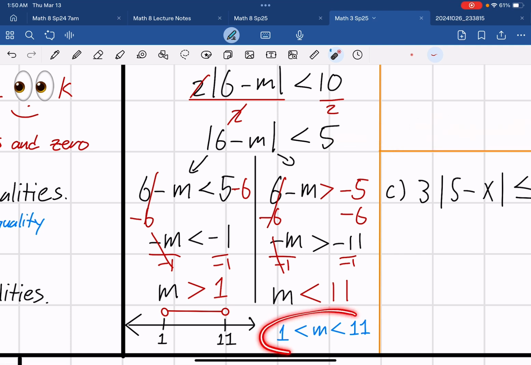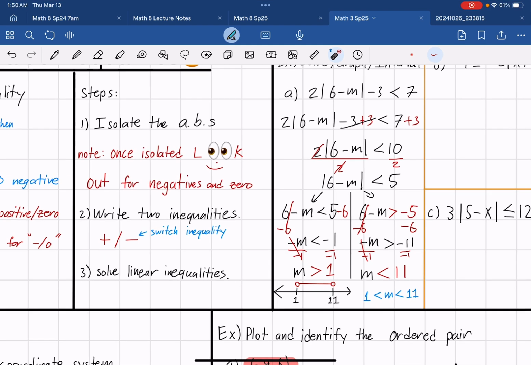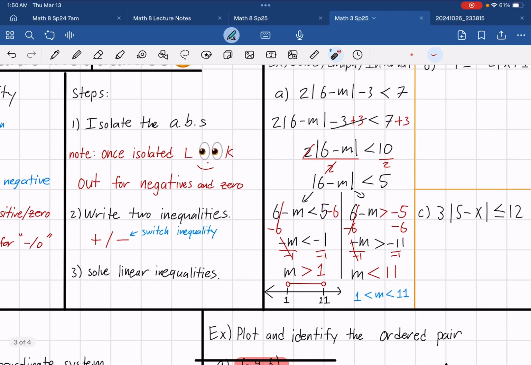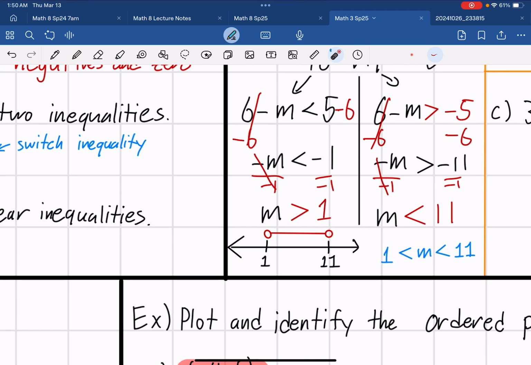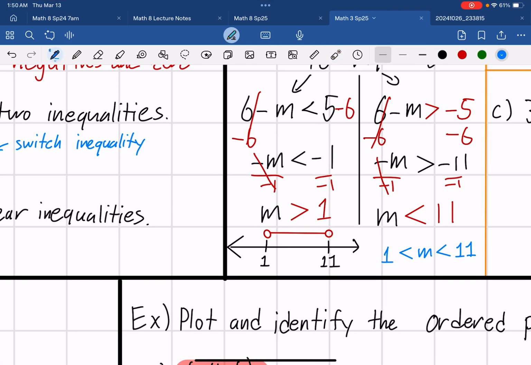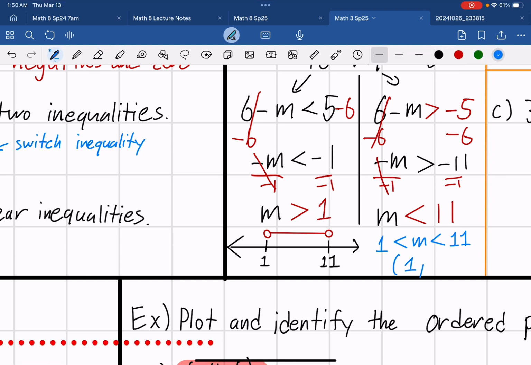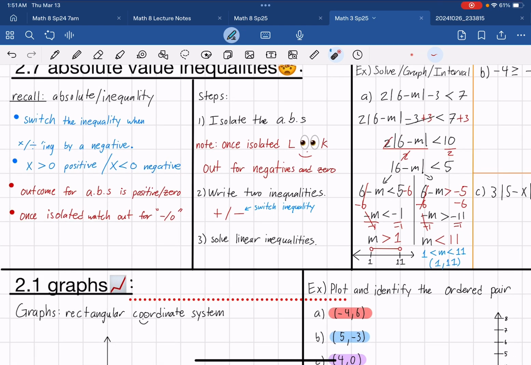I prefer to do it towards the end after you can read your solution. So it's like give and take, whichever works best for you. But that would be my solution, and I can write this in interval notation as well. So let me move this up a bit. Sorry for cramming it in there. But from 1 to 11, and I use parentheses because 1 and 11 are not part of my solution.